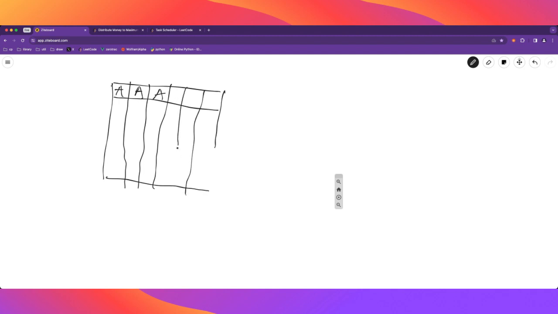Yeah, this is terrible, but bear with me. So let's say, without loss of generality, that A is the one that occurs the most amount of times. I'm going to explain in a moment what this means.